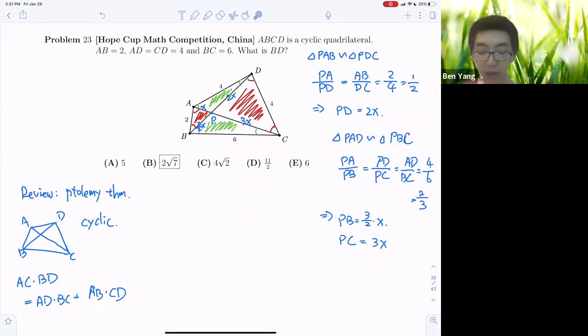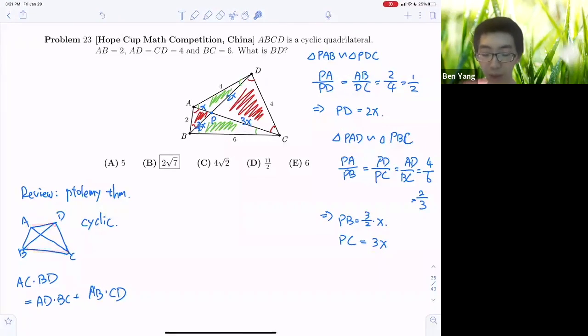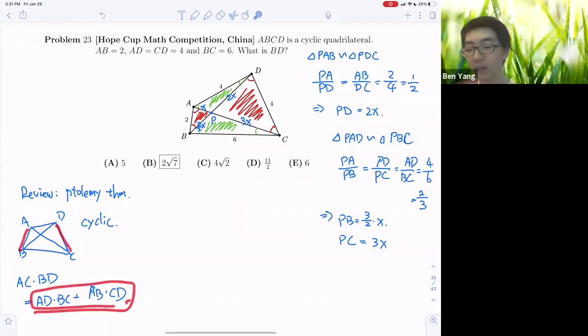So that's the sum of the products of the opposite two sides. Since there are two pairs, we take the sum. So that's the right-hand side.